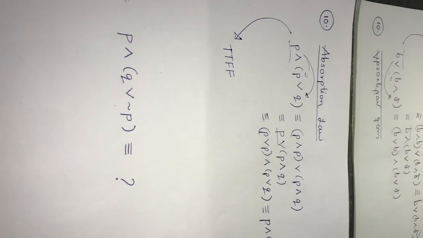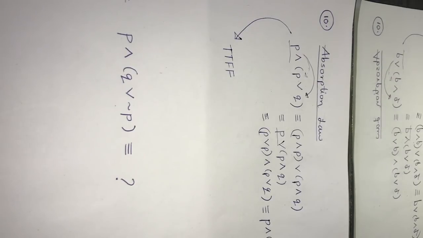And remember the standard results. For P and Q, the truth values will be true, false, false, false. I repeat, true, false, false, false. If you see the truth table of P or Q, you'll realize the first three are true and the last one is false. When both are false, it is false.